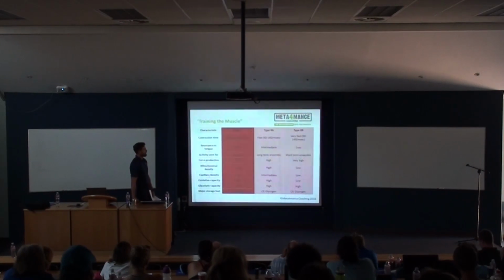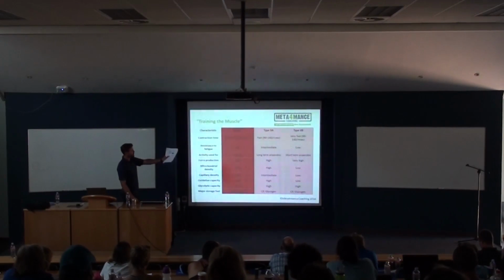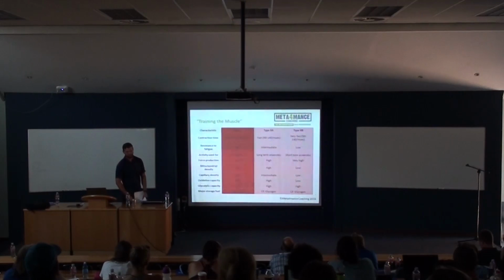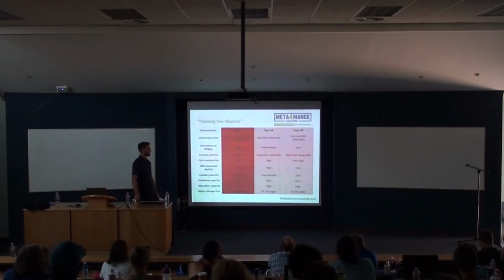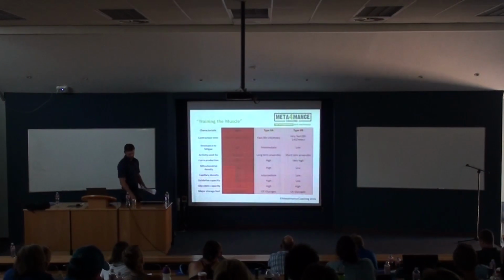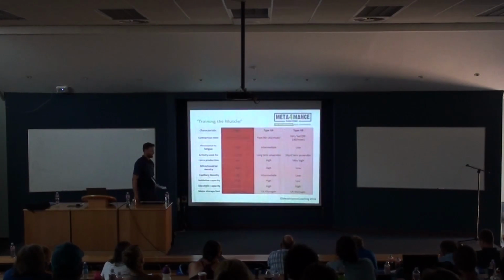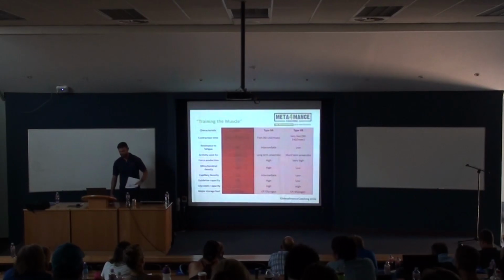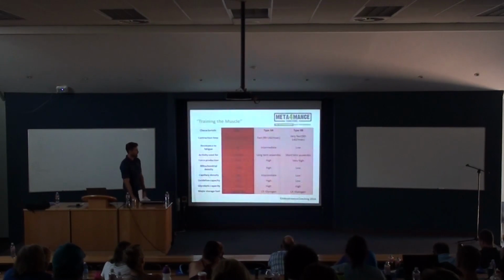Type 2B, they are very fast twitch fibers, and they also operate at a rate of between 90 and 140 contractions per millisecond, probably closer though to 140. Unfortunately, they are very fatigue prone, so they're going to get tired quite quickly. Used for your short-term anaerobic activities, 25 meters, dives up to 50 meters, throwing, jumping.